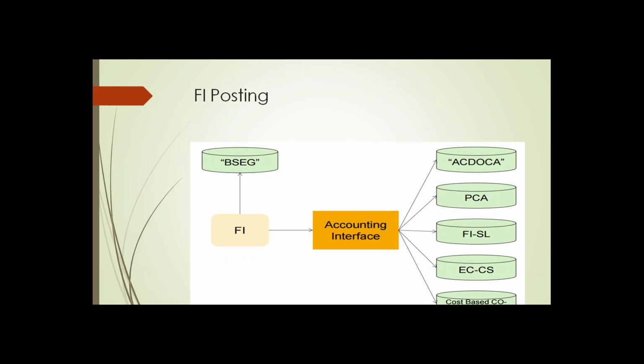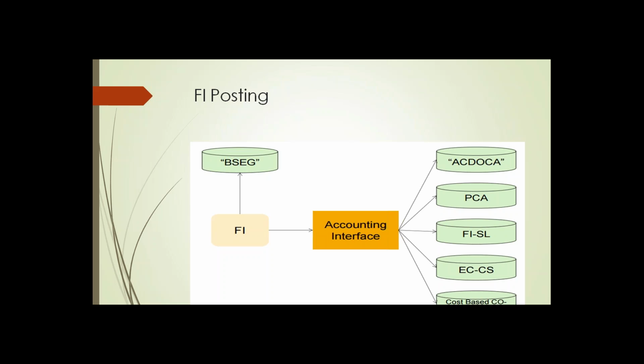When we say there is some improvement in COPA also, if you remember, we said that all the COPA relevant transactions will also get updated in ACDOCA, and there are some improvements in COPA. What are these improvements? All these improvements are only available in account-based COPA.